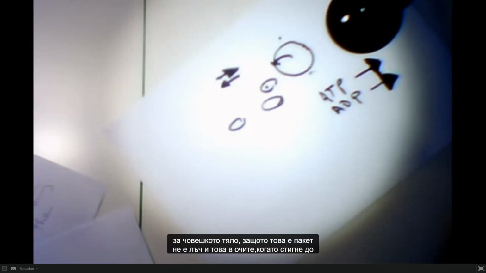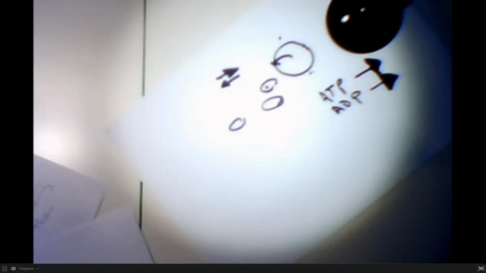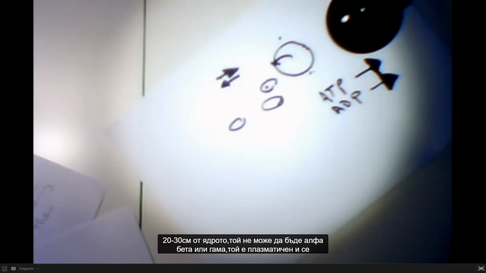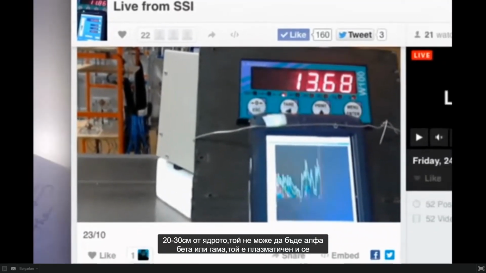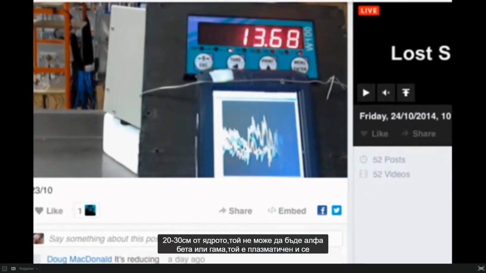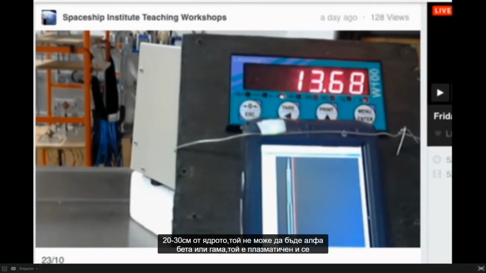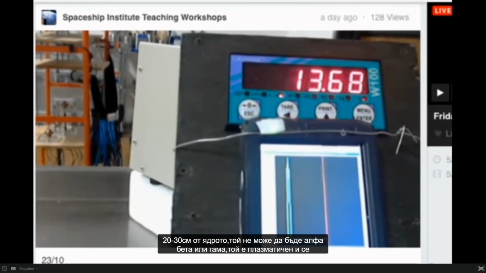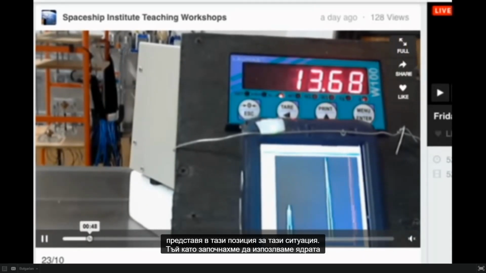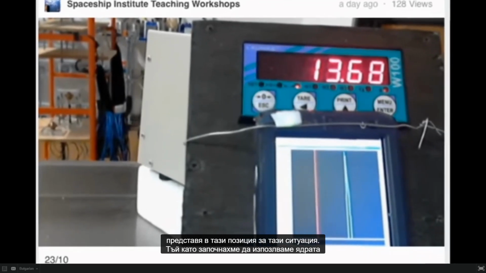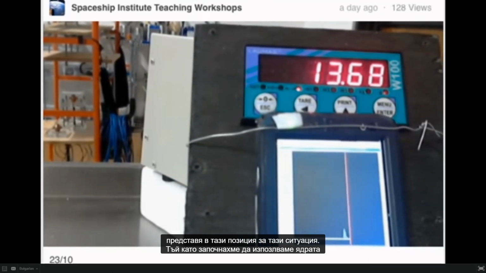It's not harmful to the human body because it's a package, not a ray. When it reaches the detector, it shows itself as one of the radiations. But as the detector sits 20 or 30 centimeters away from the core, it cannot be alpha, beta or gamma. It's the plasmatic which manifests itself at that position.